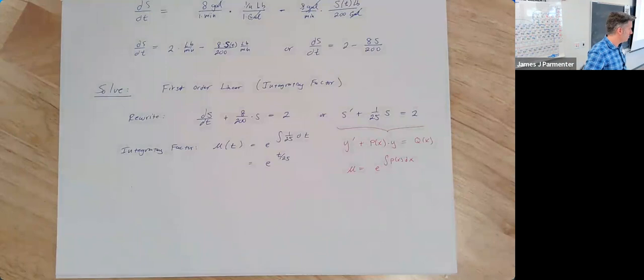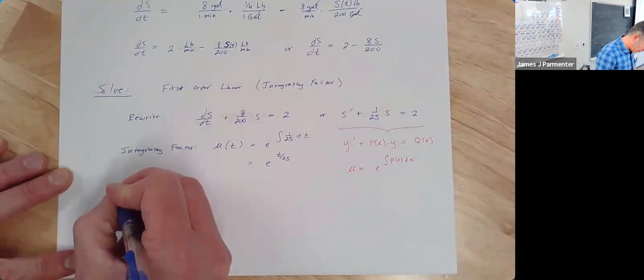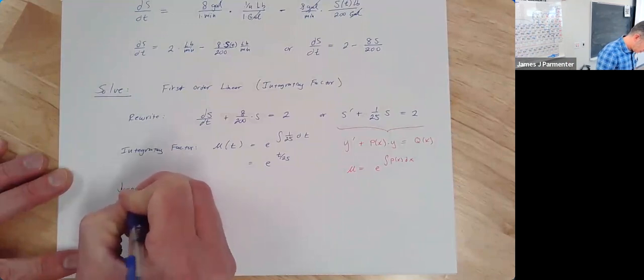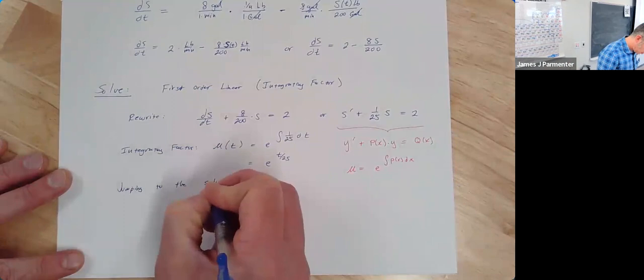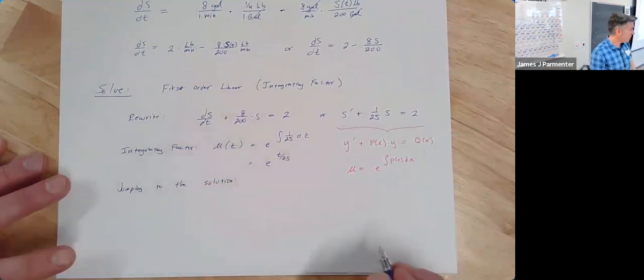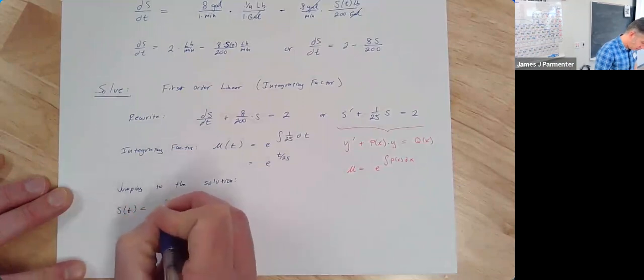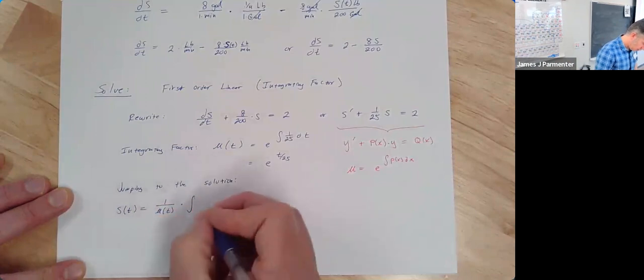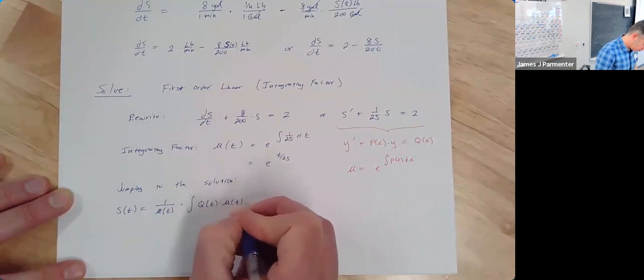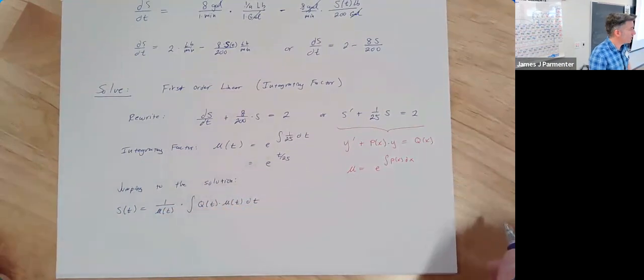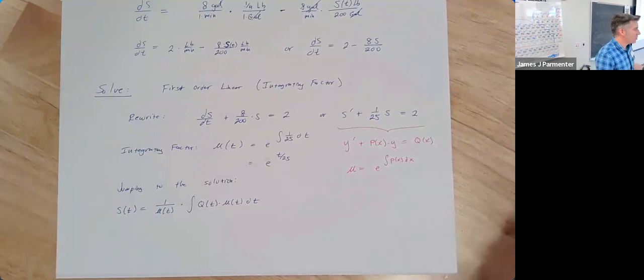So jumping straight to the end, the solution is always going to look like your function equals 1 over your integrating factor times the integral of your q times your integrating factor. There is a process to get there, but if he's not asking you to show it, then you probably don't want to spend the time showing it.